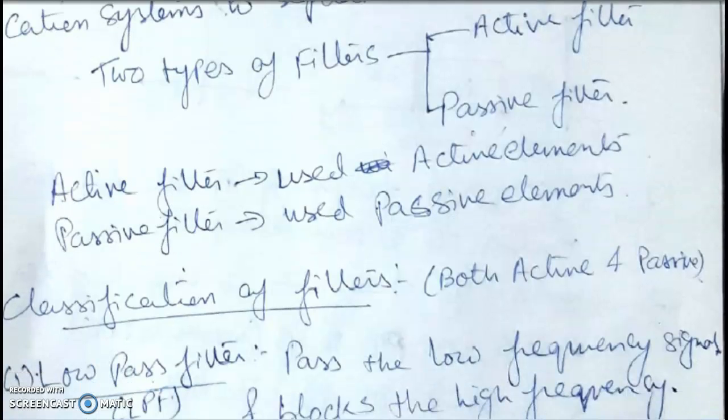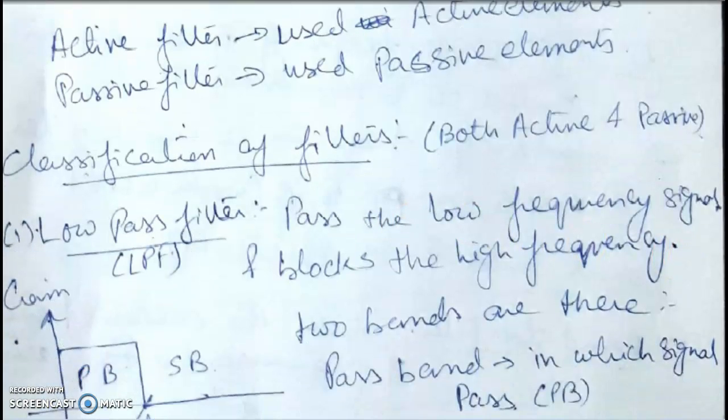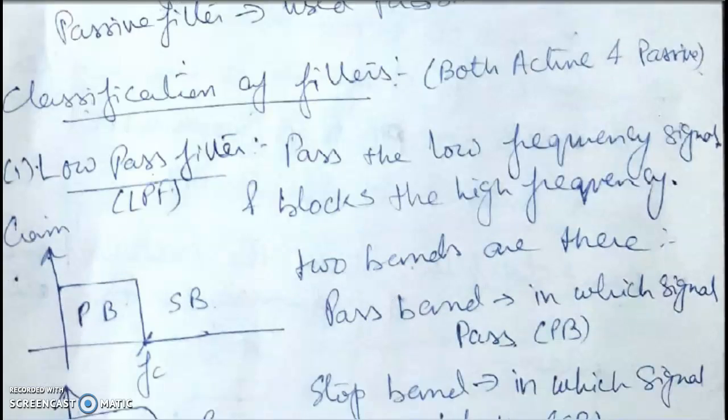But in depth, both active and passive filters can be classified as low pass filter, high pass filter, band pass filter and band stop filter. A low pass filter passes low frequency signals and blocks all the high frequency signals.